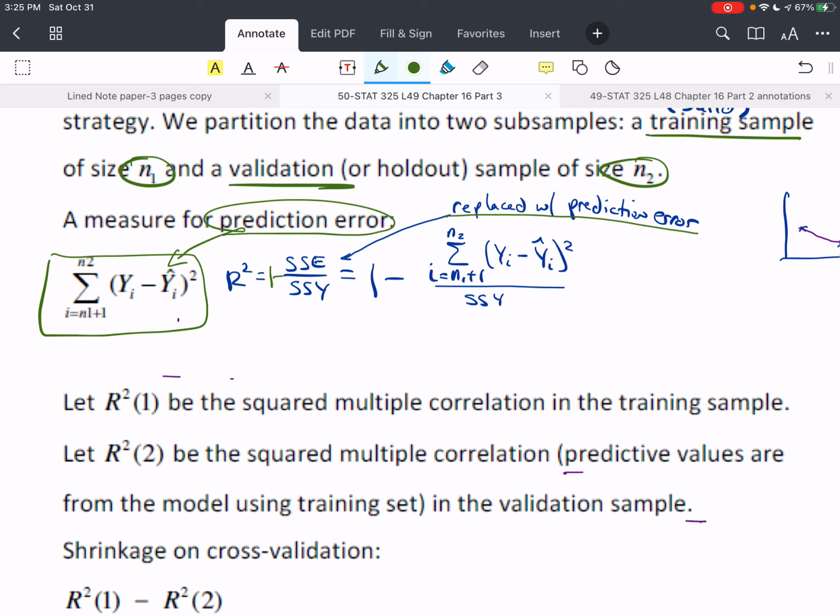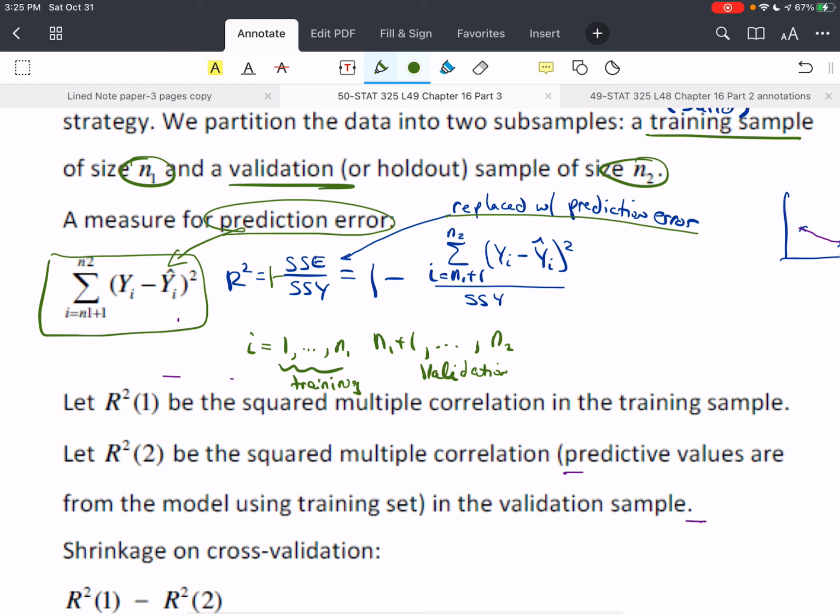Now, remember that from i equals 1 up to N1 is our training data, and from N1 plus 1 up to N2 is going to be our validation.